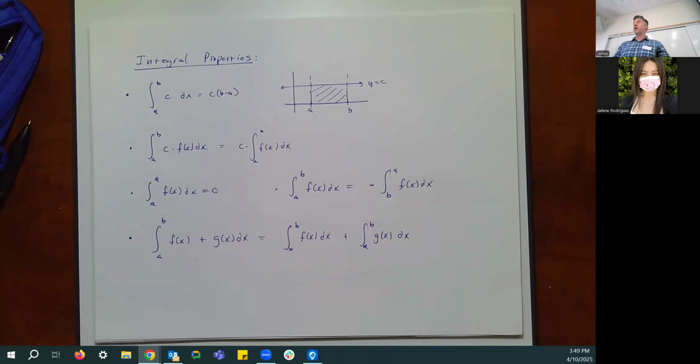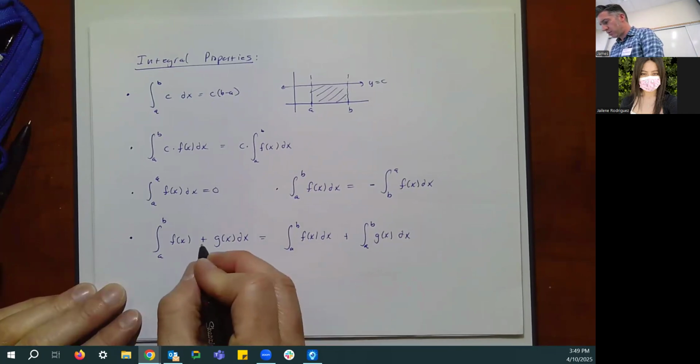And just like with derivatives, how we would take a derivative of a bunch of things added or subtracted together and just take all the derivatives and add or subtract the results together, the same thing is true for integrals. In fact, a lot of the sum and difference and constant multiple rules that are true for derivatives are also true for integrals, which is nice. And it's true if you're adding or if you're subtracting.